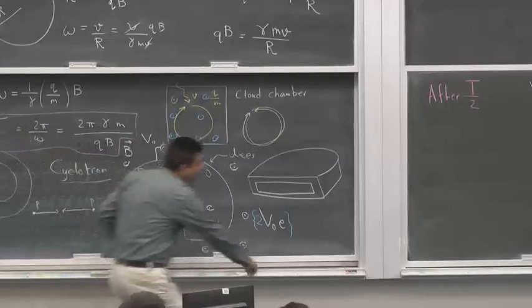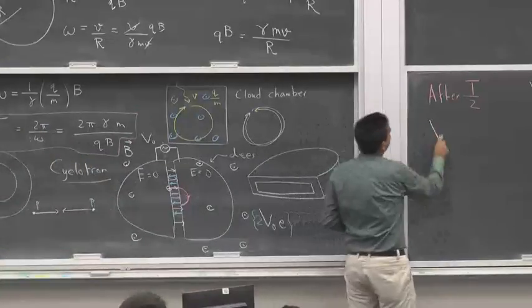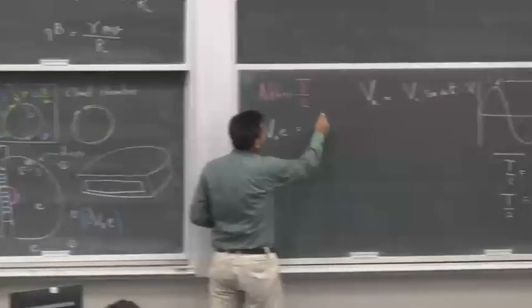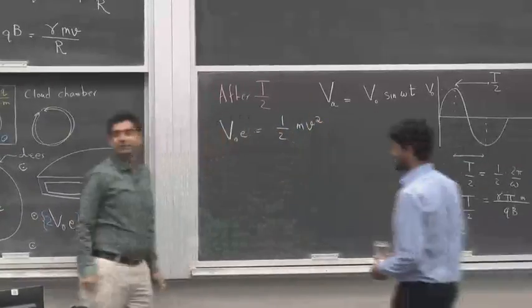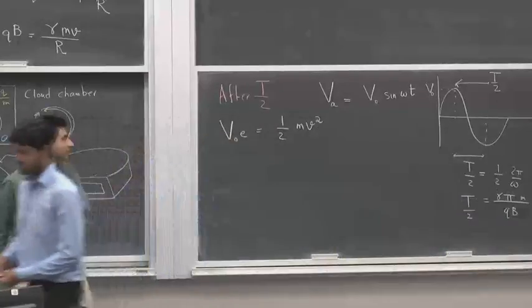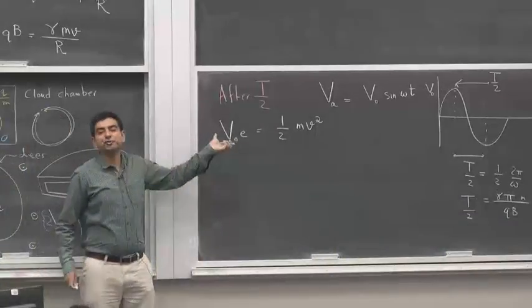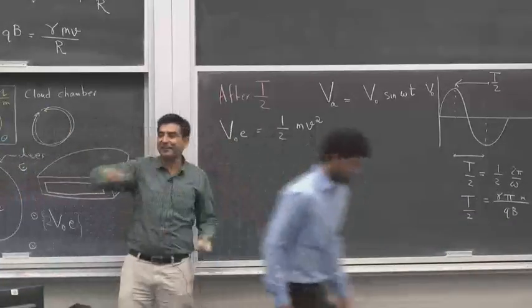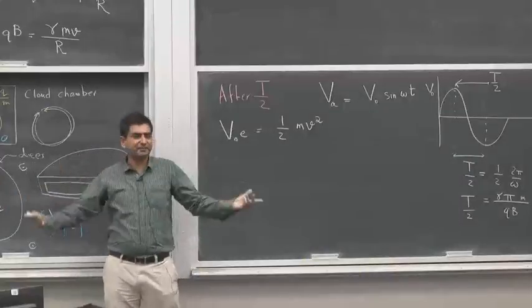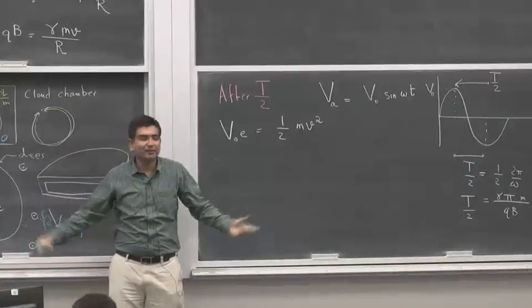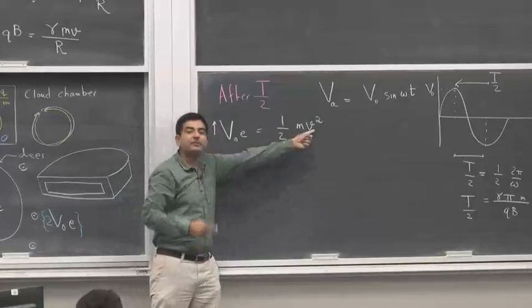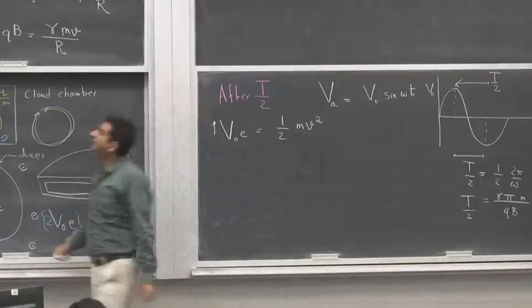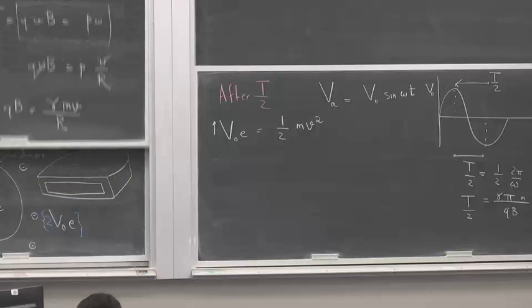Because you all know that V0 E is given by half mv squared. So an additional boost of energy gives an increase in the kinetic energy. What's kinetic energy? It's simply the velocity squared. So when this goes up by V0 E, the speed goes up. And when the speed goes up, the radius goes up.